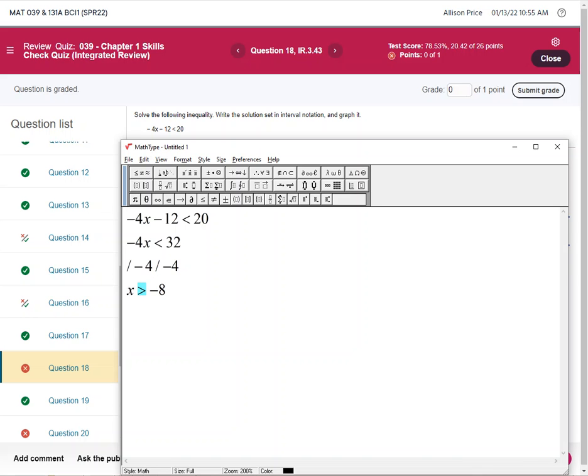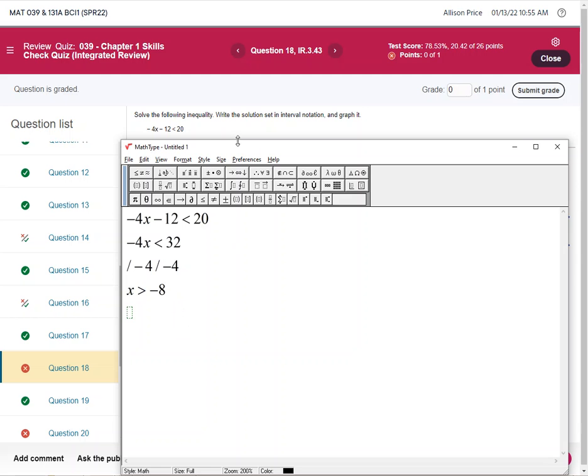So I replaced the less than symbol with the greater than symbol because I was dividing by a negative number. The reason is that negative numbers and positive numbers are on opposite sides of the number line, so the inequality switches when the sign changes as a result of the multiplication or division. As an inequality, my answer would be all numbers x that are greater than negative 8.